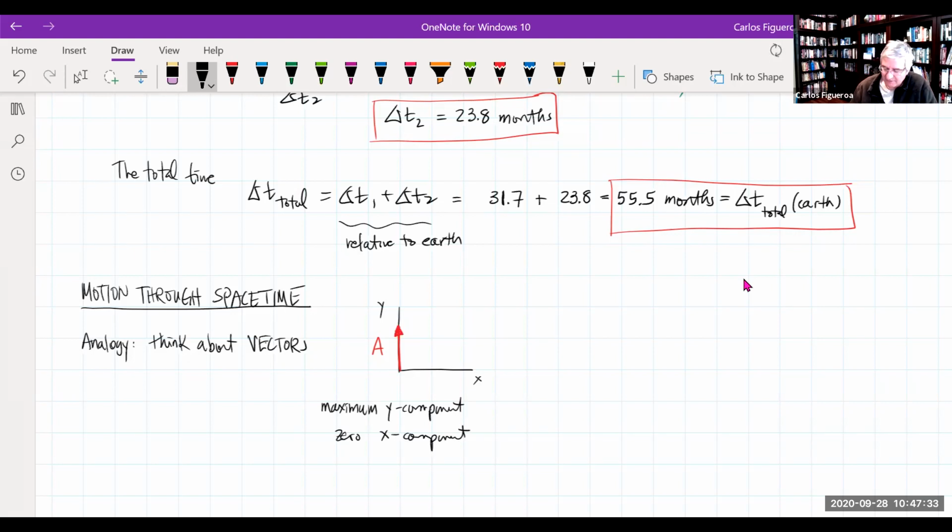It's kind of obvious because it lies along the y direction.